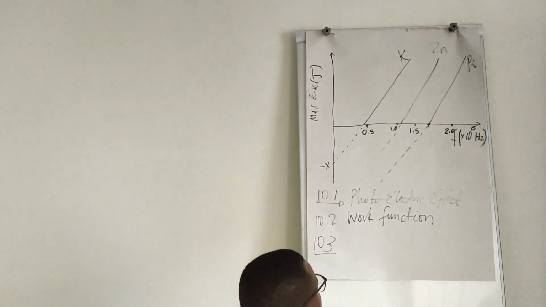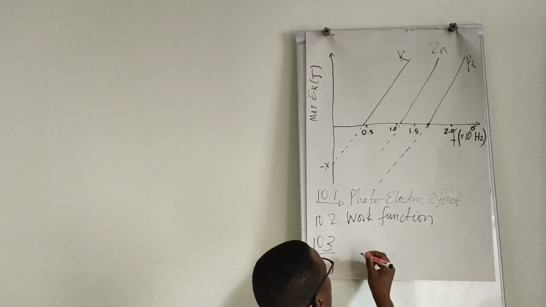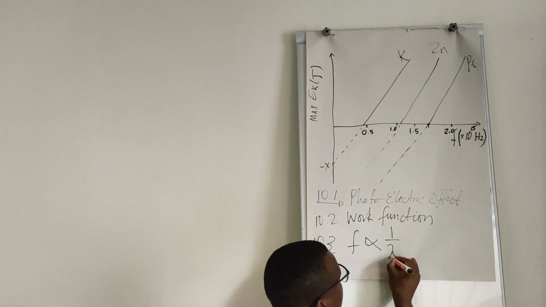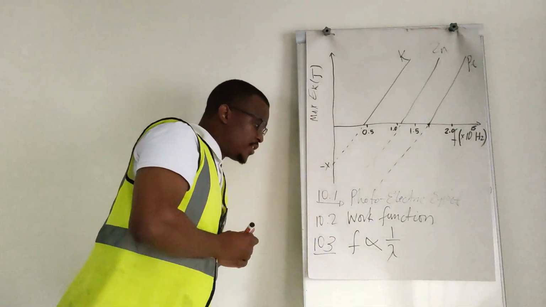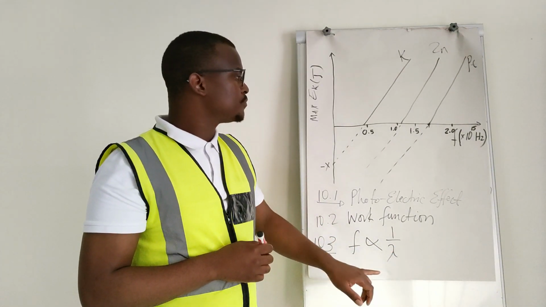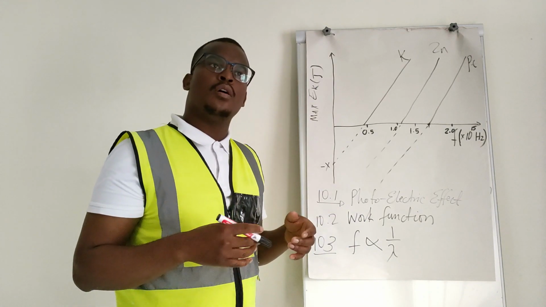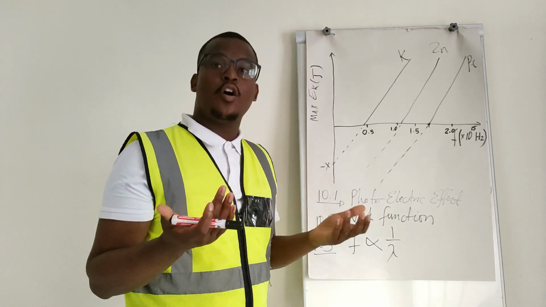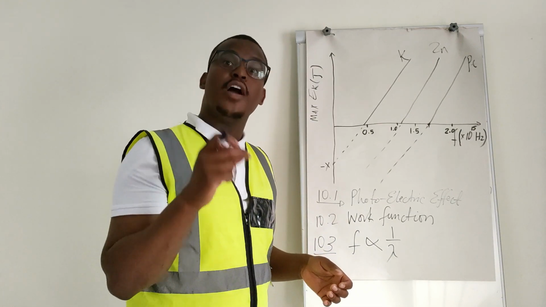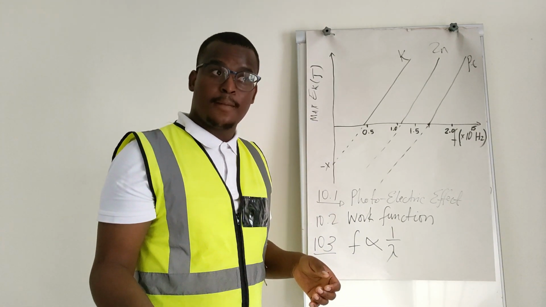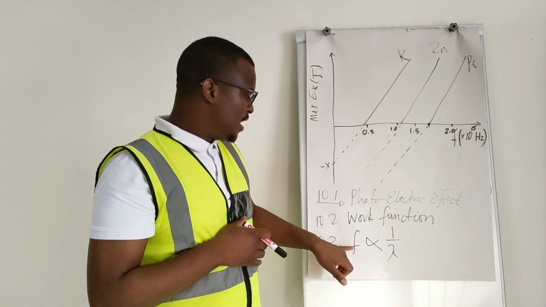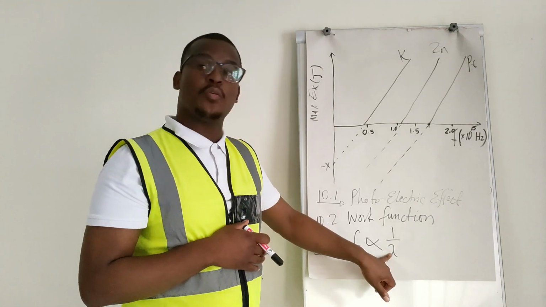You know that frequency is inversely proportional to wavelength. So the metal that requires the highest frequency for electrons to be emitted will have the smallest wavelength, because the higher the frequency, the shorter the wavelength.